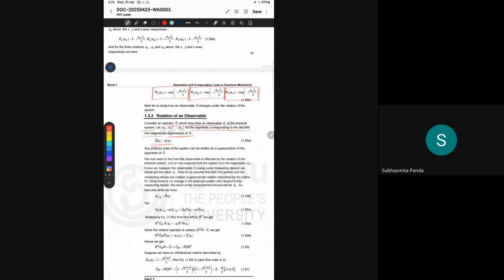So this is the eigenstate, eigenvalue equation. Any arbitrary state of the system can be written as a superposition of the eigenkets of O.